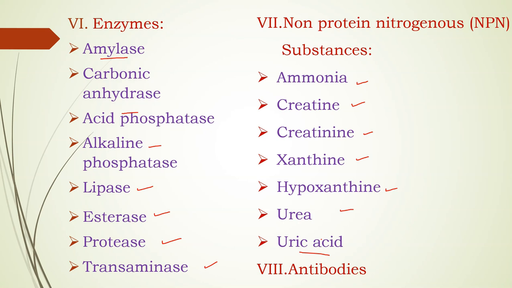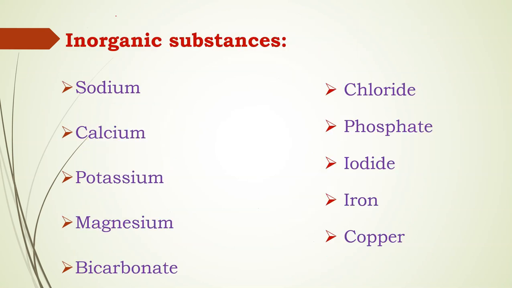Along with them, many antibodies are also present in the plasma. The above are organic substances. Let's see inorganic substances: sodium, calcium, potassium, magnesium, bicarbonate, chloride, phosphate, iodide, iron, copper. These are the inorganic substances present in the plasma.